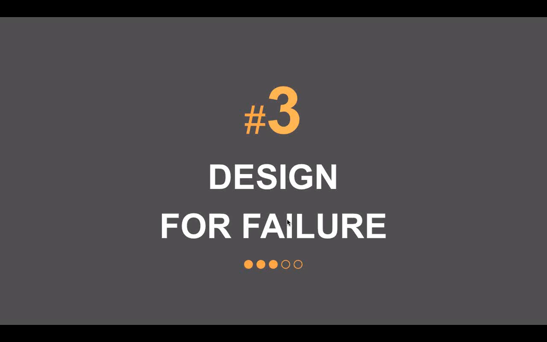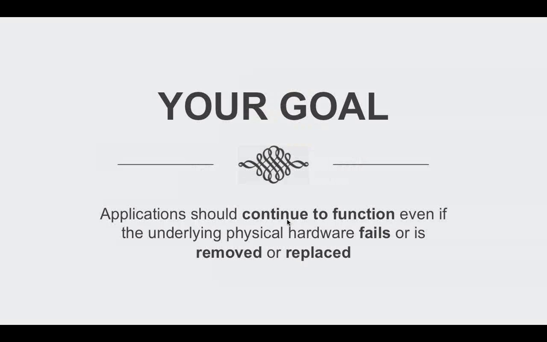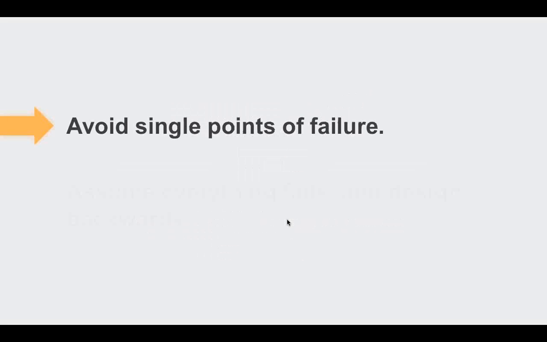Now, let's look at design for failure, architecture patterns. This is your simple goal. Your application should be always on. It should continue to function delivering the service even if the underlying system components fail, are removed or replaced. So a couple of simple rules. Don't have any single points of failure. Analyze your architecture.